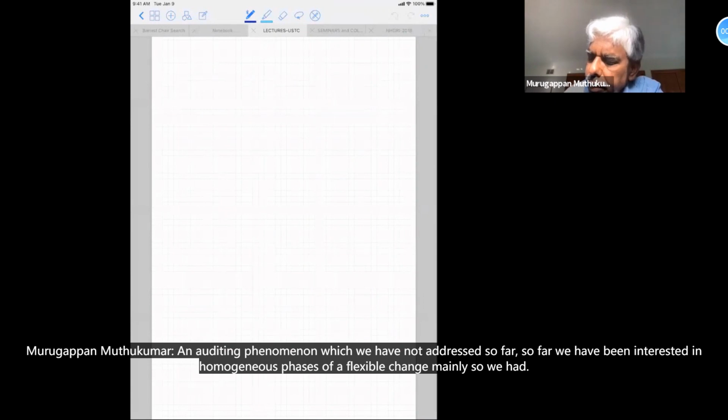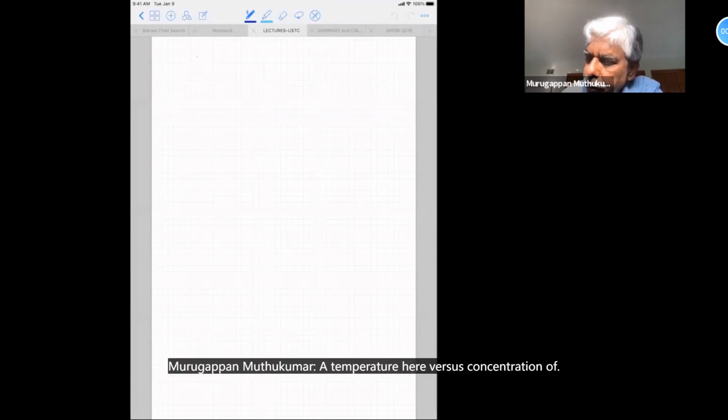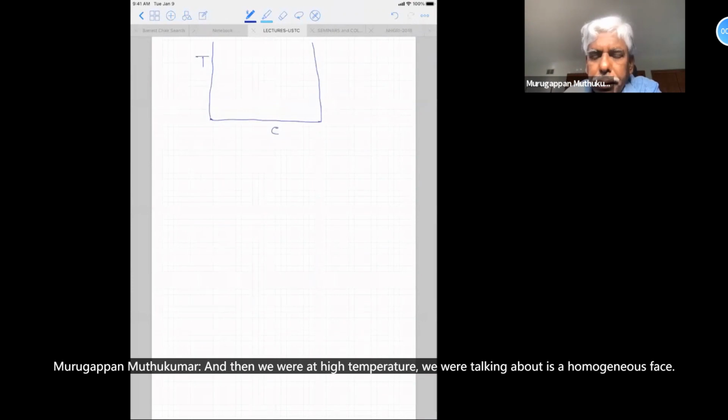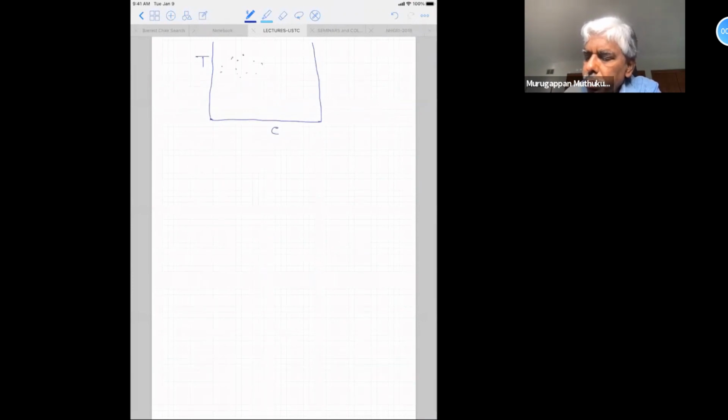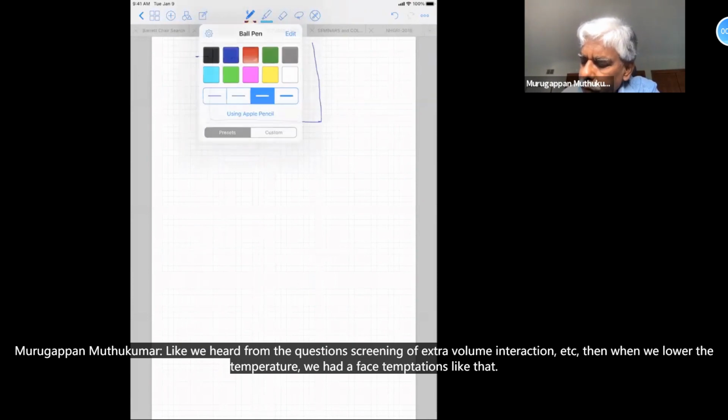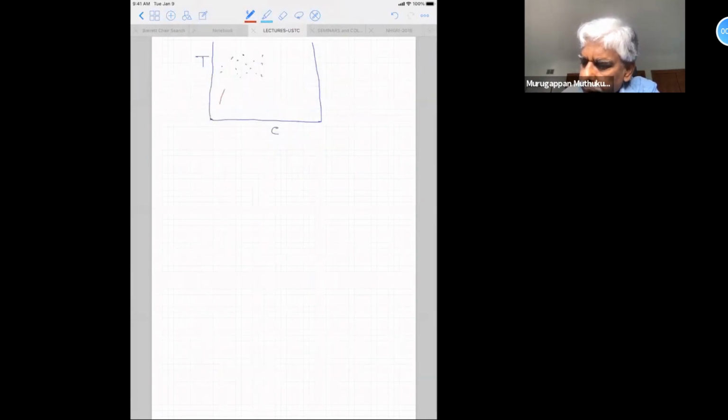So we had the temperature here versus concentration of the polymer. And then at high temperature, we were talking about this homogeneous phase, like we heard from the question, screening of excluded volume interaction, etc. Then when we lowered the temperature, we had phase transitions like that.